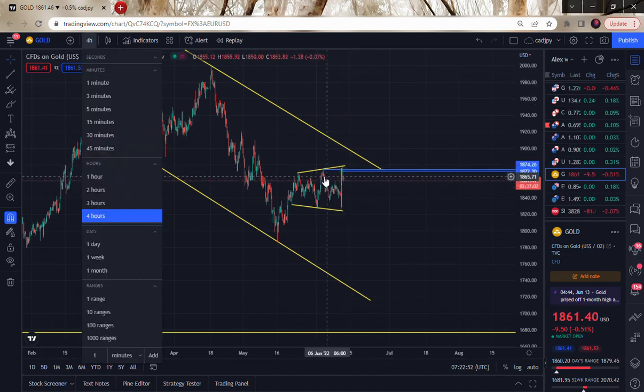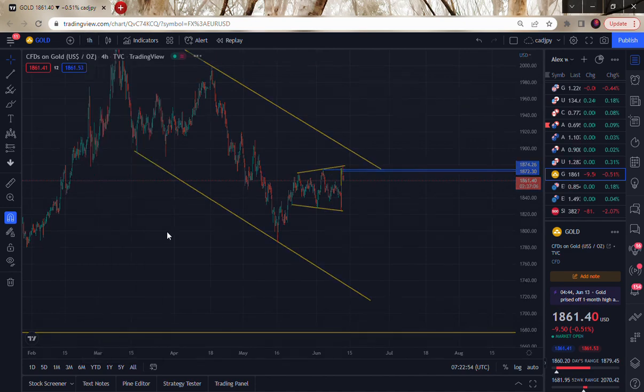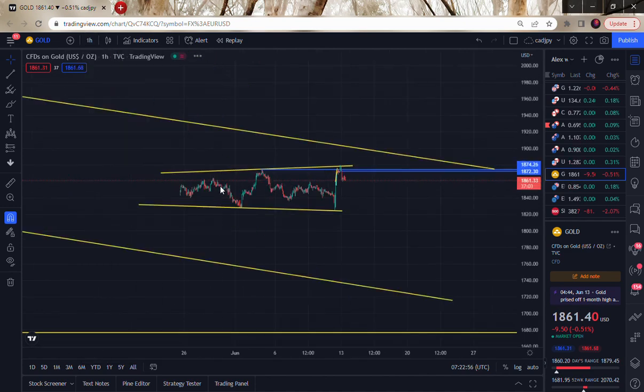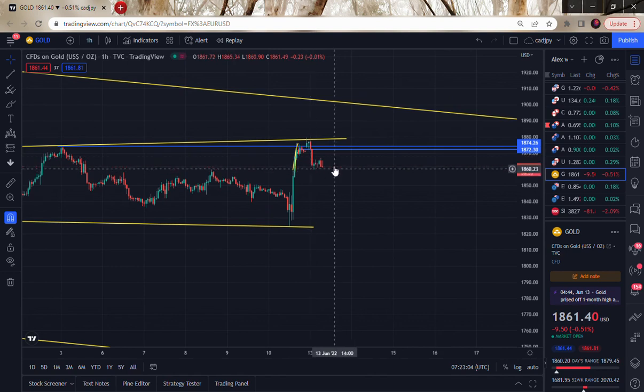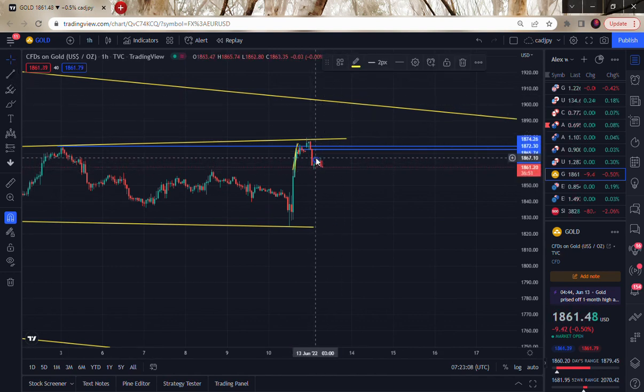Now we're just having a correction, so I can literally say, guys, go and sell gold right now as it is. Look at this, this is the impulse, this is the correction, this is textbook.